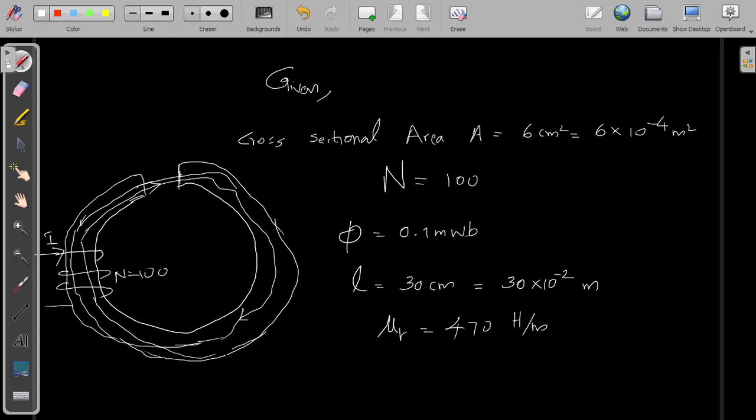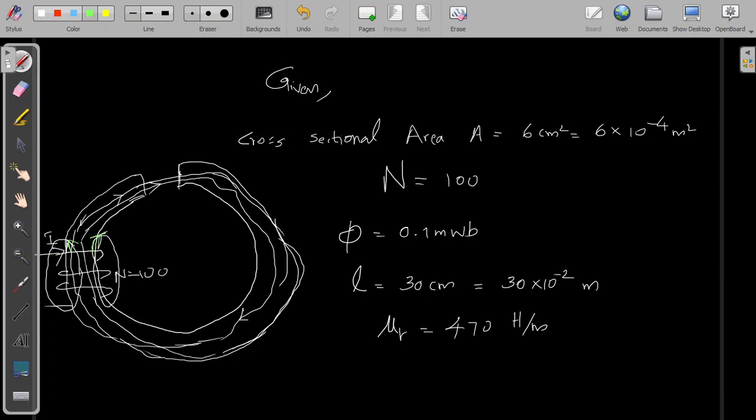They will never intersect each other, and are not only confined to this ring, but also the magnetic lines of force will complete their closed loop in this manner also, like this also.